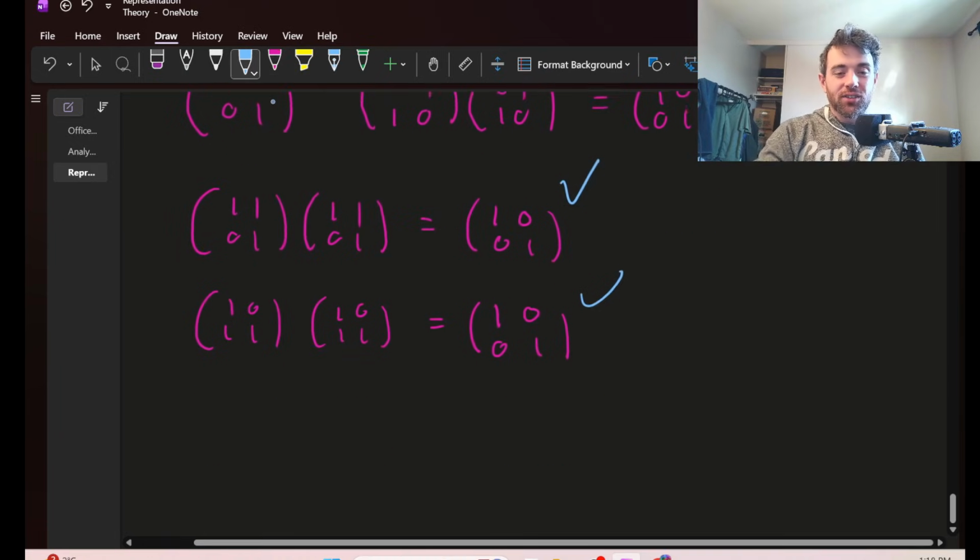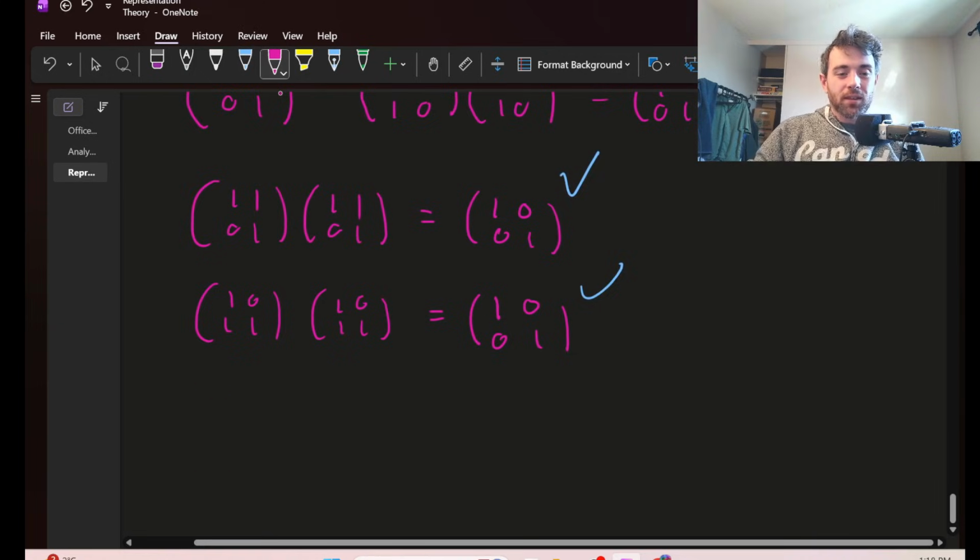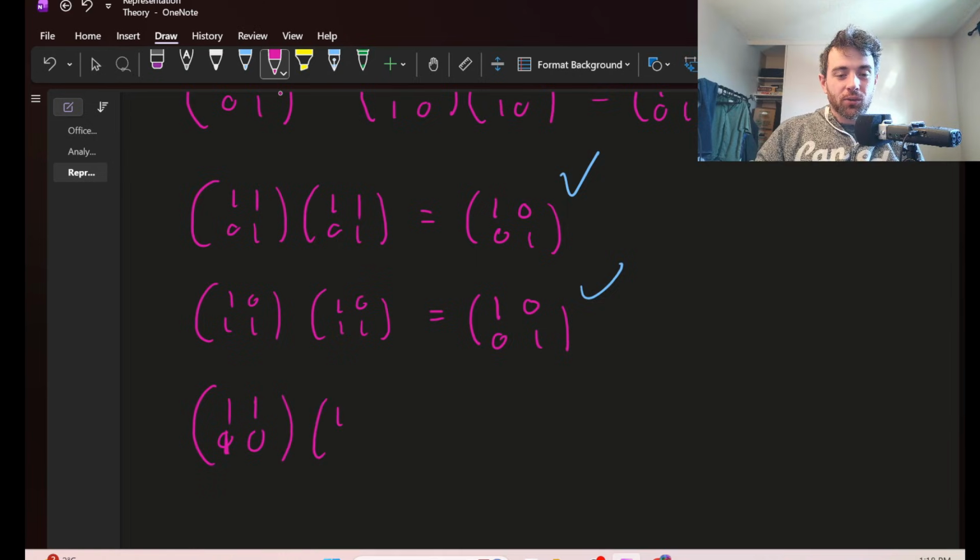And I think you can see that in this case, it's going to work out that every single matrix... well, let's check these last ones here just to be safe. I don't want to say something wrong. So let's square these. So this is 1 and 1. Aha! This one won't work because here we get 0, 1, 1, 0.